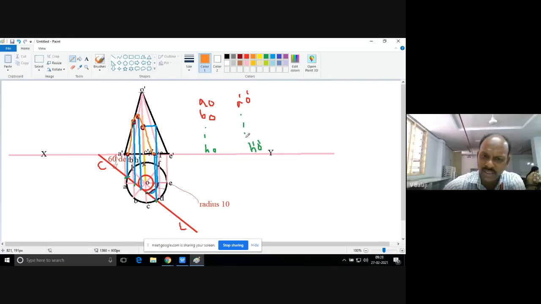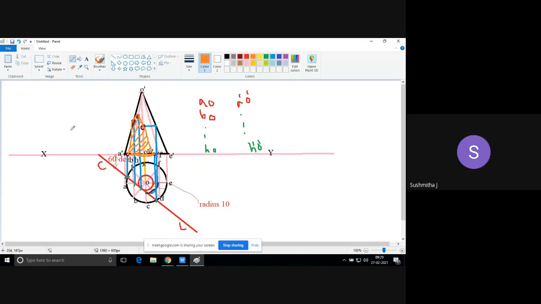And don't forget to draw one base also. So what to do next? Hatching, hatching 45 degree lines. So what is this hatching portion we call generally? What is the name we give? Sectional front view. Very good.